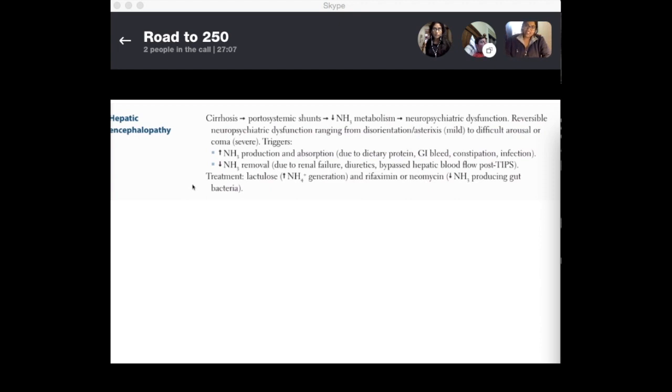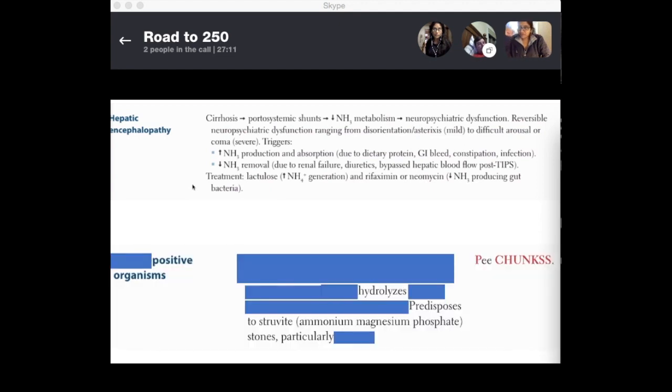Speaking of which, if you hit one more time, what kinds of organisms produce ammonia? Ureaplasma. Well, yes, so that is one of these guys, but what do they all produce?